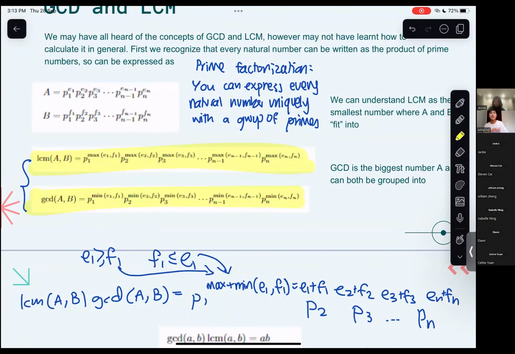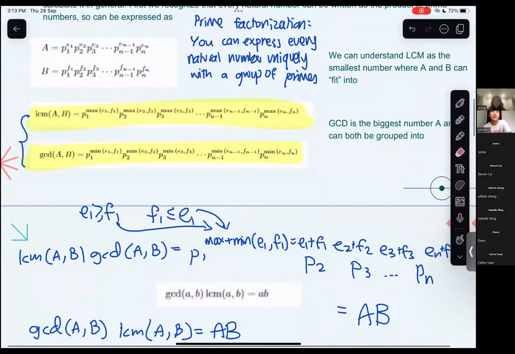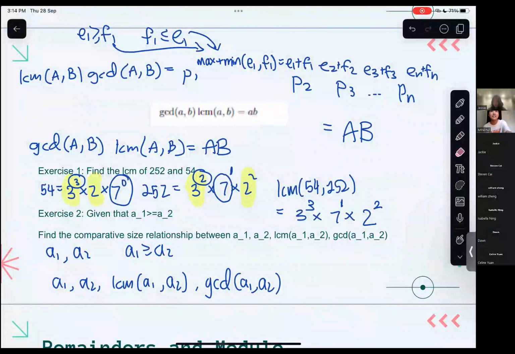Both these numbers can divide into it, whereas GCD has to be small enough so that it can divide into both the numbers we're thinking about, right? So there's 2 ways you can do it. Both work, but if you wanted to really explain it quite clearly, you'd have to think about it algebraically, I guess.